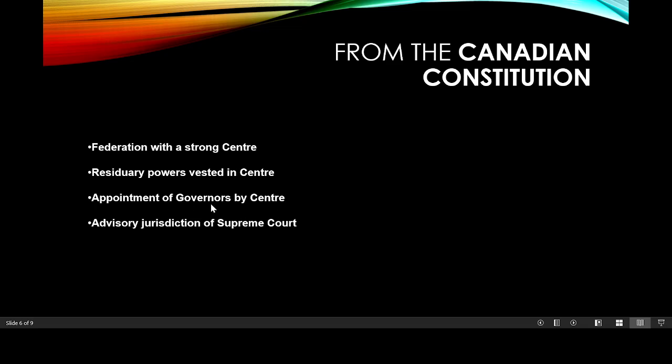We know that the one who appoints the governor is the president. Advisory jurisdiction of Supreme Court. So what is the article of governor? It is 153. And what is the article of advisory jurisdiction of Supreme Court? 143. So here the Supreme Court can advise the president whenever the president asks for it.